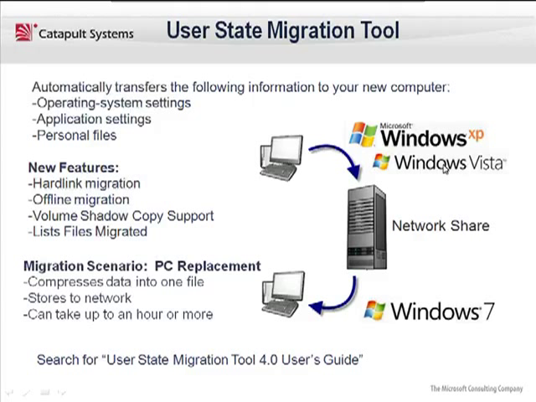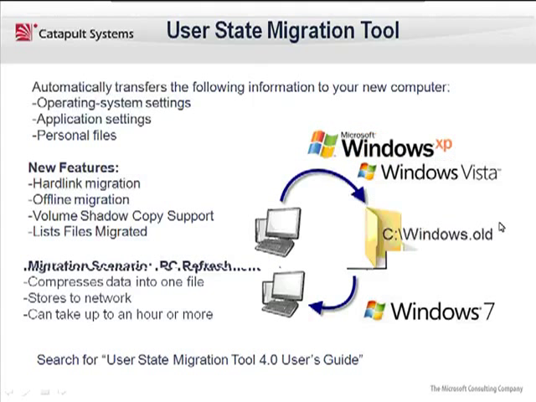When IT departments would deploy new operating systems, the idea was to capture all of your data, push it to a network share, then install a new operating system on the drive. Once you're within that new operating system, you launch a tool, the user state migration tool, to look at the network share and bring back down all of your data. You still need to use this technique if you're going to be moving users' data from one computer to another. This is called a PC replacement scenario.